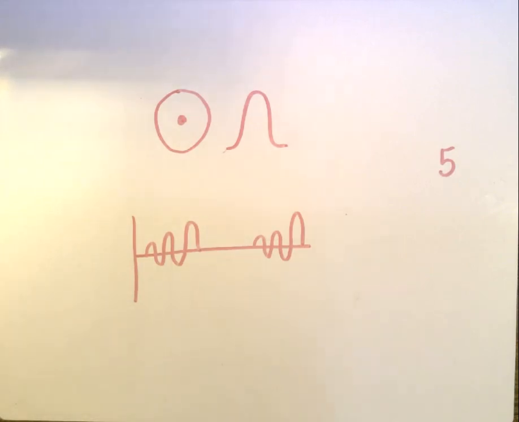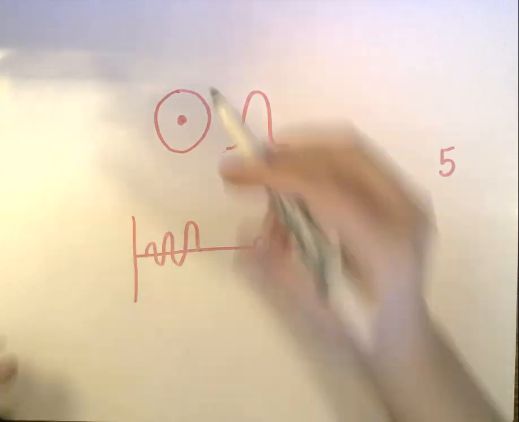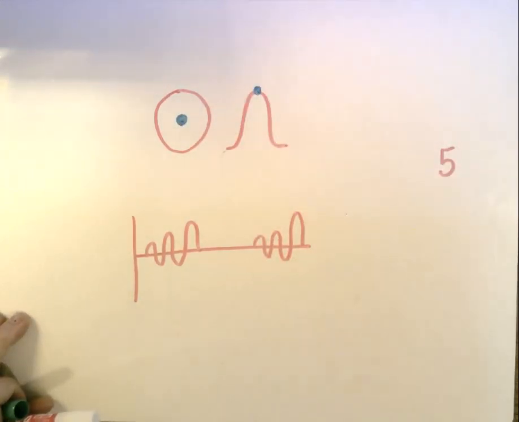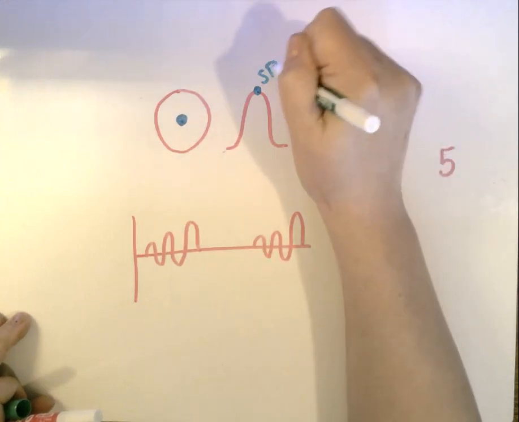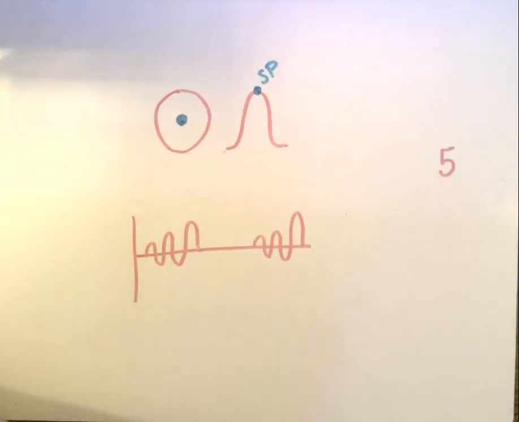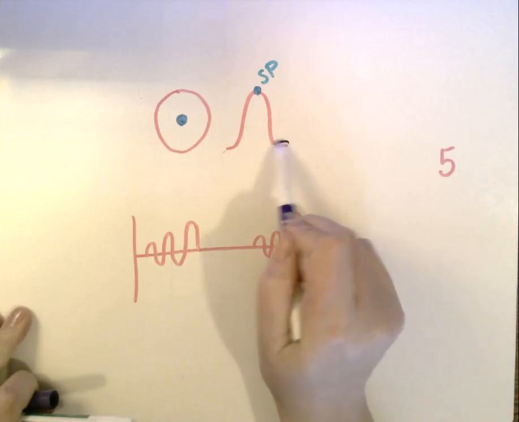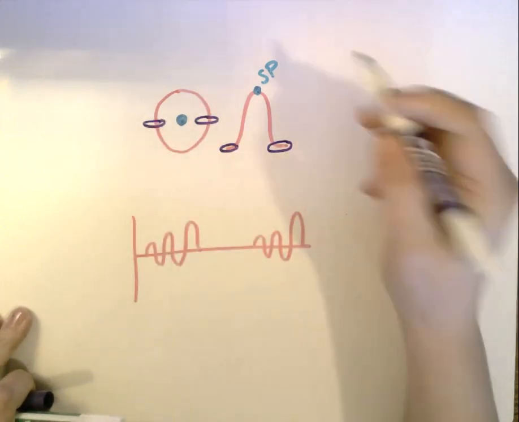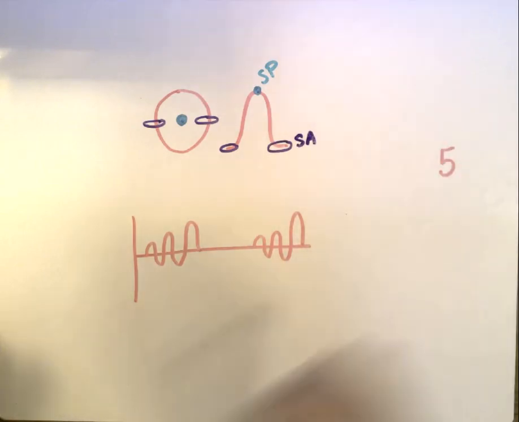And let's do some color coding here. We will do green in the center of the circle. Green at the center of the top here is going to be spatial peak. And then we'll do purple on the edges here, which represent these areas. These are going to be our spatial average.